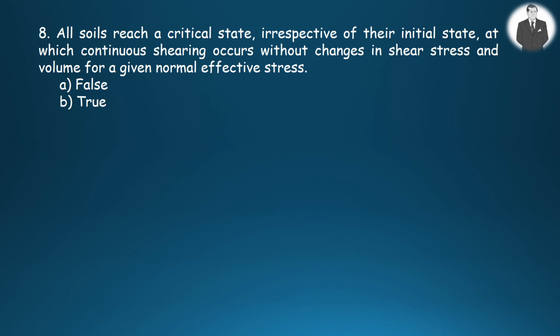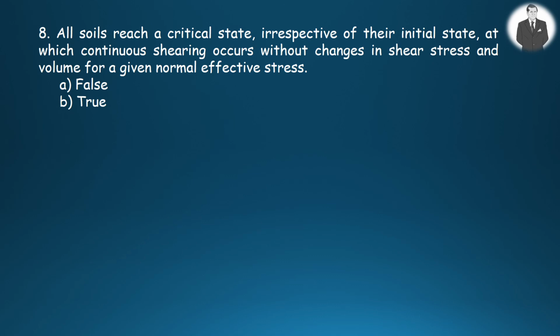Question 8. All soils reach a critical state, irrespective of their initial state, at which continuous shearing occurs without changes in shear stress and volume for a given normal effective stress. True or false? Now, before jumping to answer, read the question carefully and then give your answer.